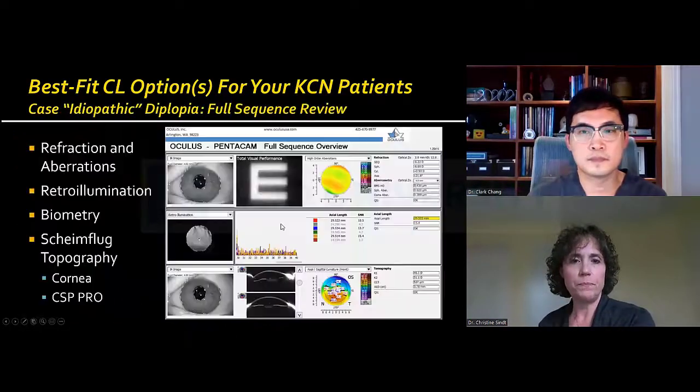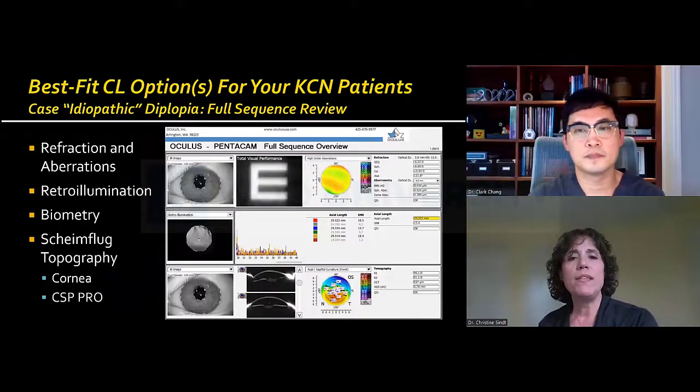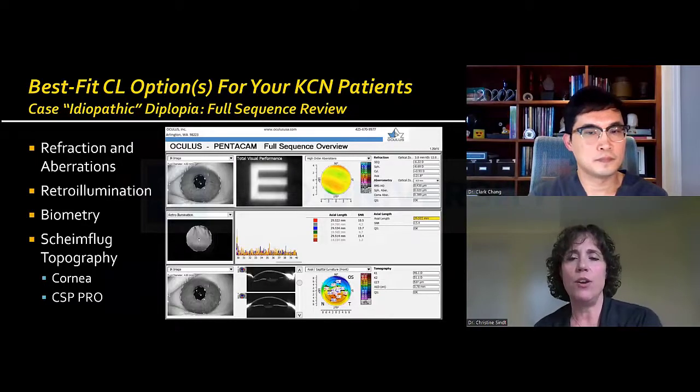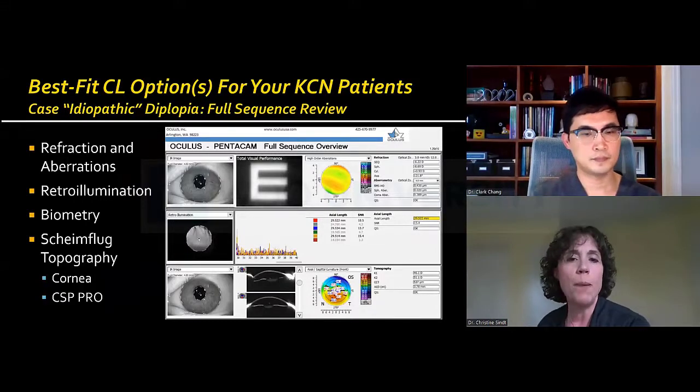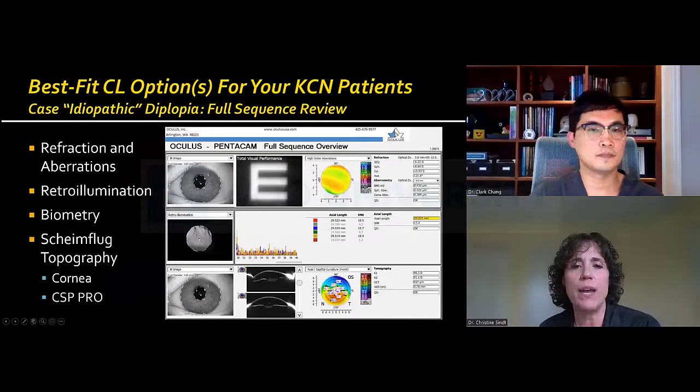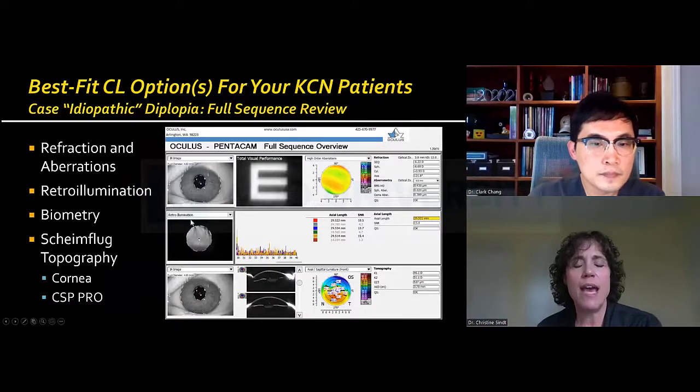So next slide. Okay. So when we look at this particular patient, we're going to notice that aberration-wise, he's pretty typical with that keratoconus appearance, that sort of yin yang sign that you see with coma. And one of the things I like about this particular picture, the retro illumination image here, is that this is very similar to retinoscopy.